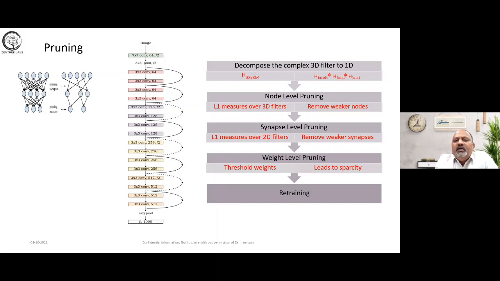One is to decompose the complex 3D filters into 1D filters. At each layer in this VGG network, each filter has dimensions 3x3 spatial, and 64 is the depth, if I look at the first 4 convolution layers after leaving the first layer out.